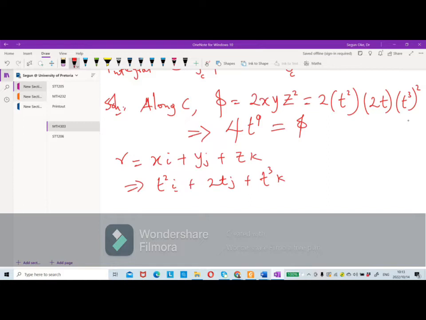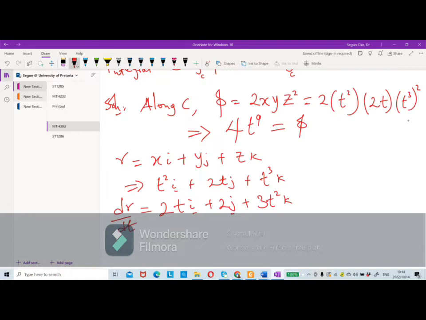Do you agree with me now? Yes, sir. So I can say I'll differentiate r with respect to t. Let's say dr/dt is equal to 2t i plus 2j plus 3t squared k.